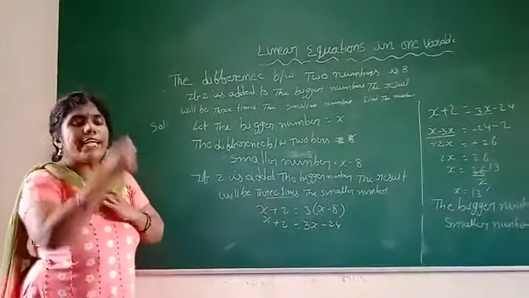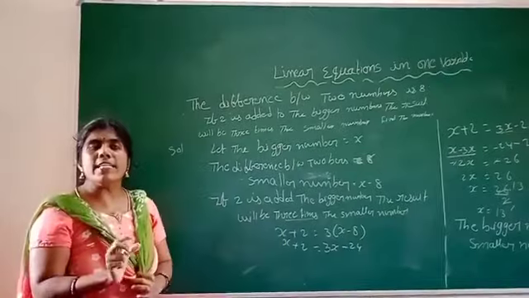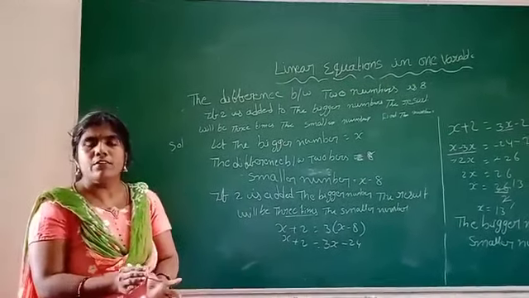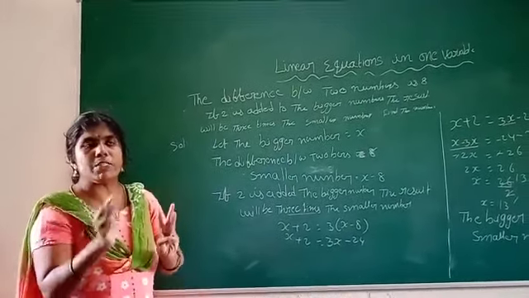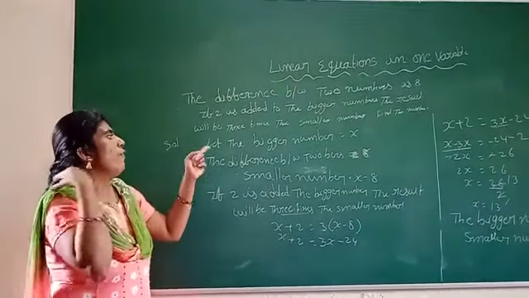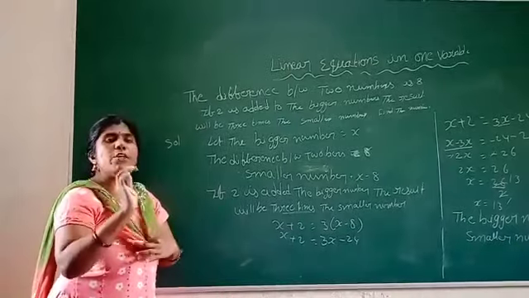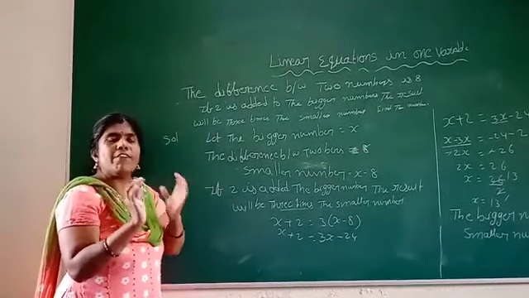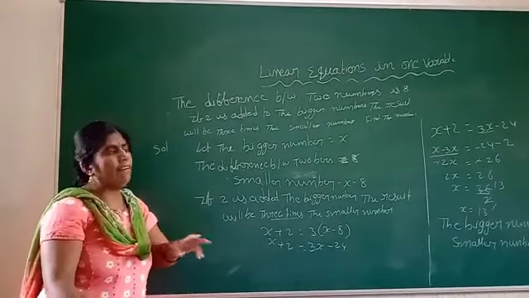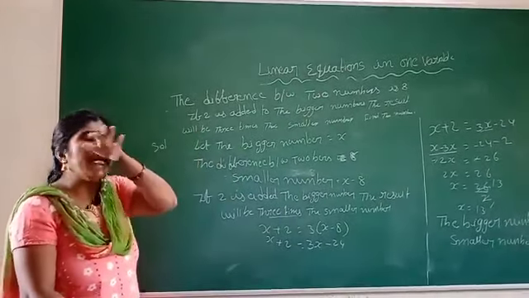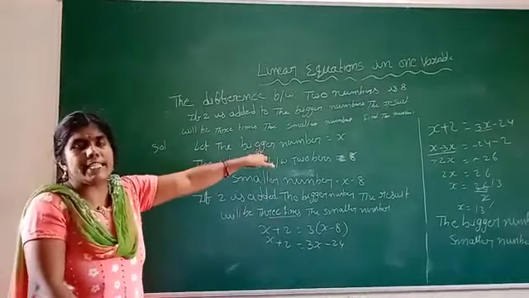Once again, to see what is given, you read the problem to understand what is given and what is to be found. Solve in these three steps. First, the difference between the two numbers is given, but the bigger number is not given. First step: let the bigger number be denoted by x.